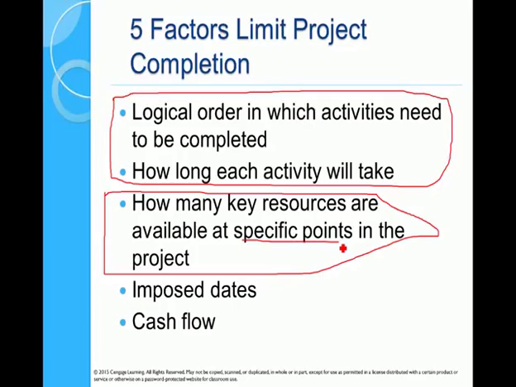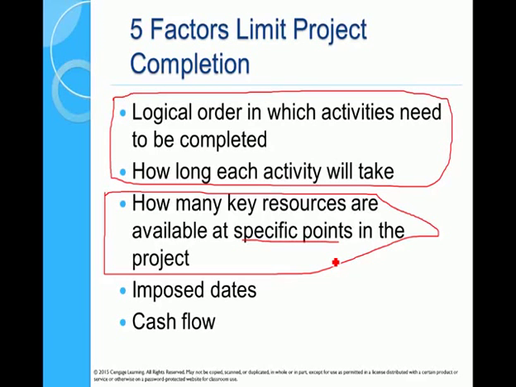And finally, cash flow, or just being able to finance the project, has a particular effect on the schedule. We can't resource all the activities unless we can finance those activities. So some sort of periodic payment or some sort of return on investment might be required to complete subsequent stages of the project.